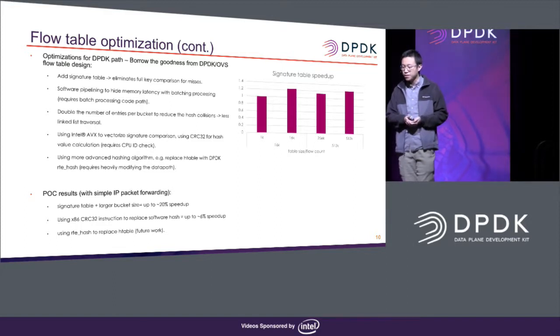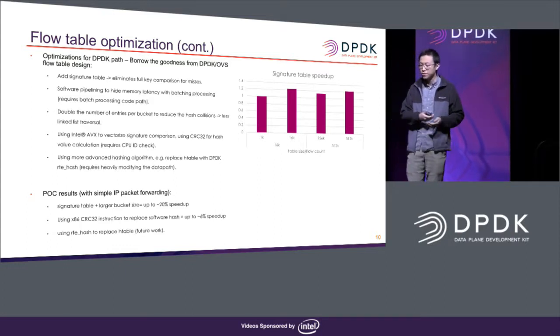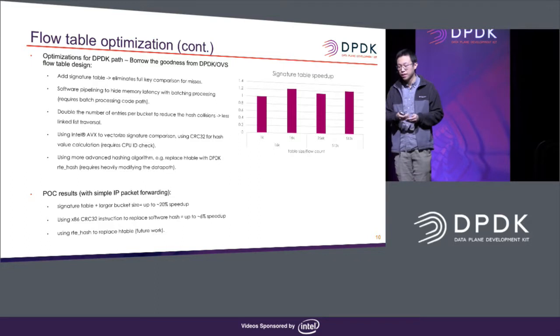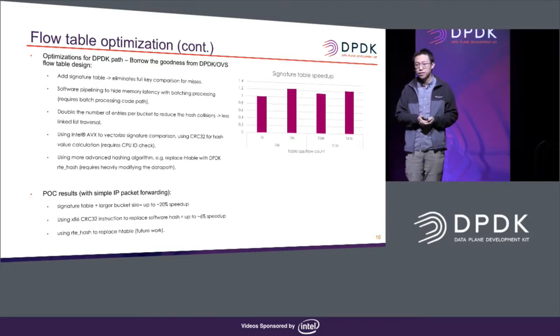Other things include using Intel AVX to vectorize the signature comparison, exactly like what we do with RTE hash. Our plan is also to use a more advanced hashing algorithm like Cuckoo hash, or maybe just replace the current H table with the RTE hash in DPDK.